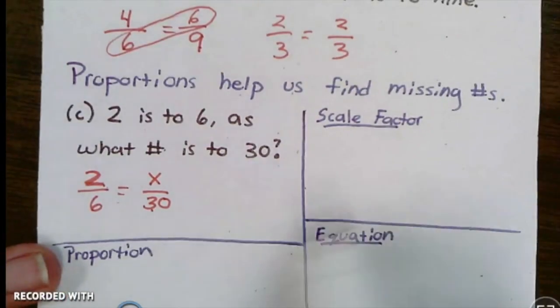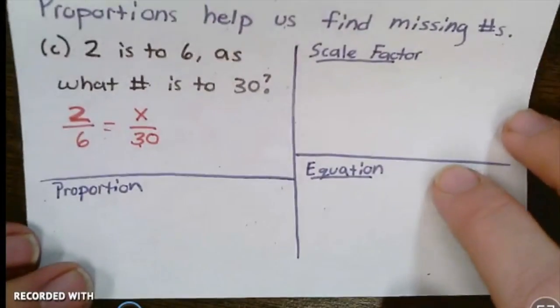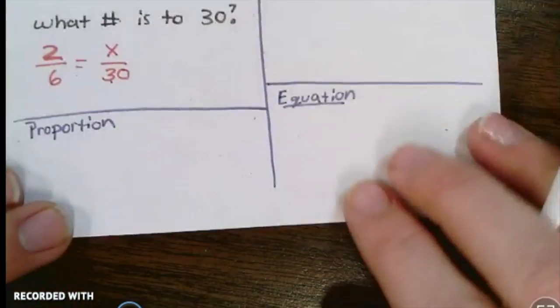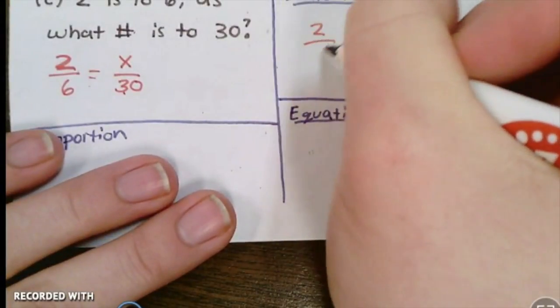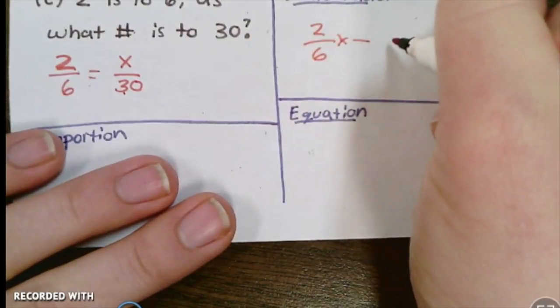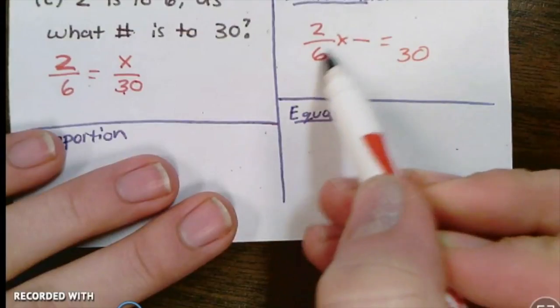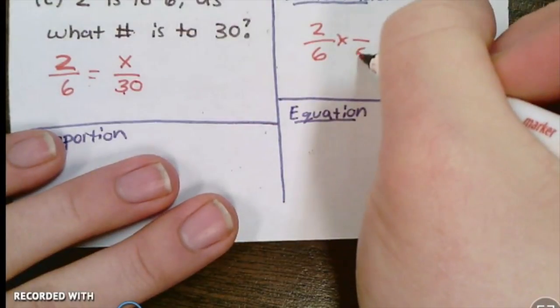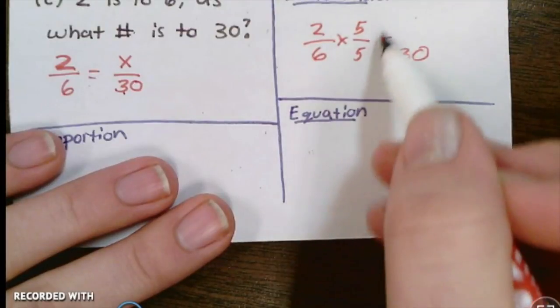Oh, look at this. I wanted to show you 3 different ways to solve it. All right, woohoo! So I can do this with a scale factor by saying 2/6 times what fraction equals 30. So 6 times 5 equals 30. So then this is called my scale factor.